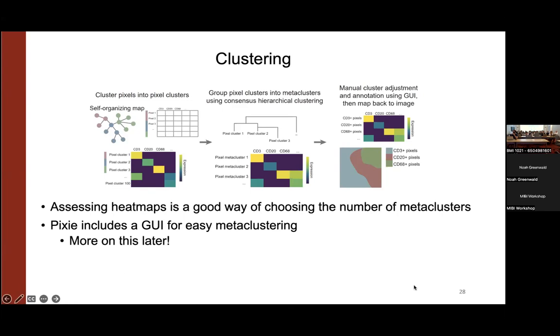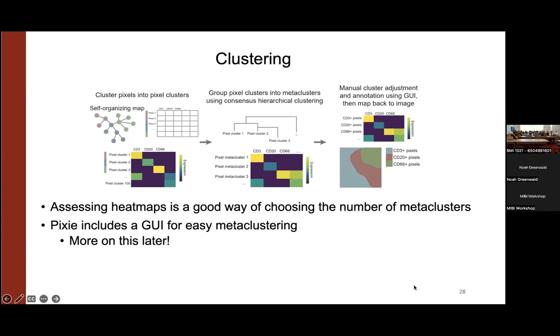For the middle step here, the hierarchical clustering step, you have to tell the algorithm how many hierarchical clusters you want. There have been a lot of algorithms developed that algorithmically help you choose the number of clusters to use for your meta clustering.